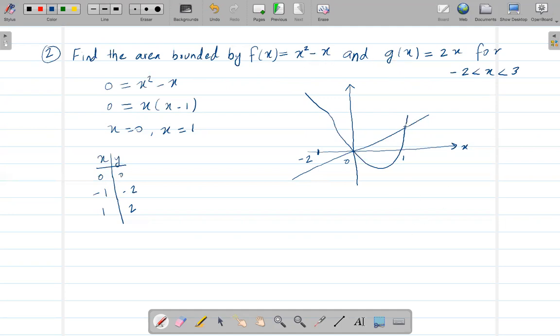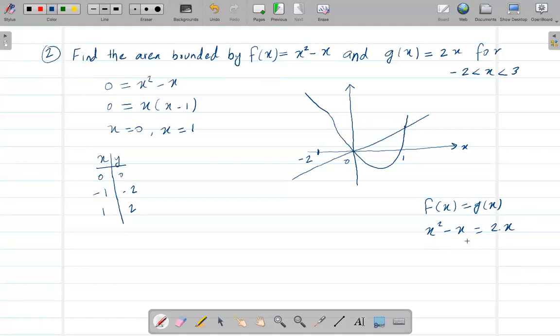To get this point, just like I did before, I can make f of x equal to g of x. So x squared minus x is equal to 2x.